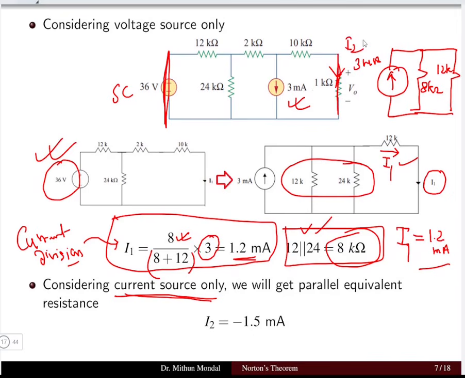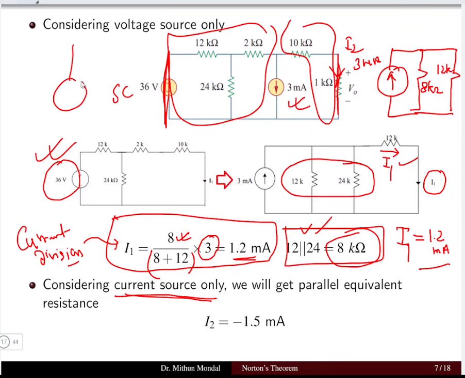This is in accordance with the superposition theorem. We see that the left part and right part of the circuit can be reduced by series parallel combination of the resistances, and we will have a simple circuit with a current source, one resistance on this side and one resistance on that side, and we will be able to find the current I2 flowing here.